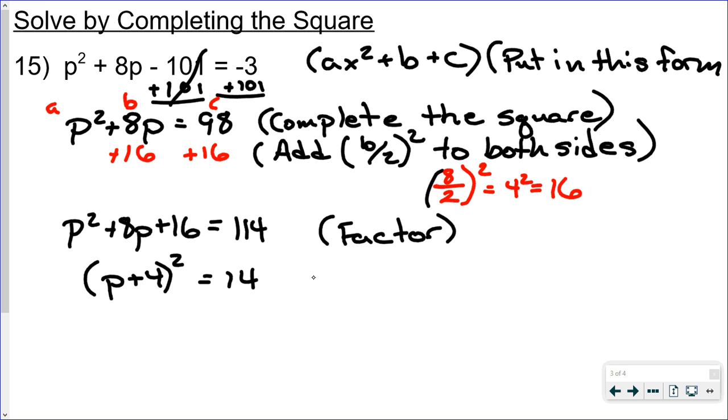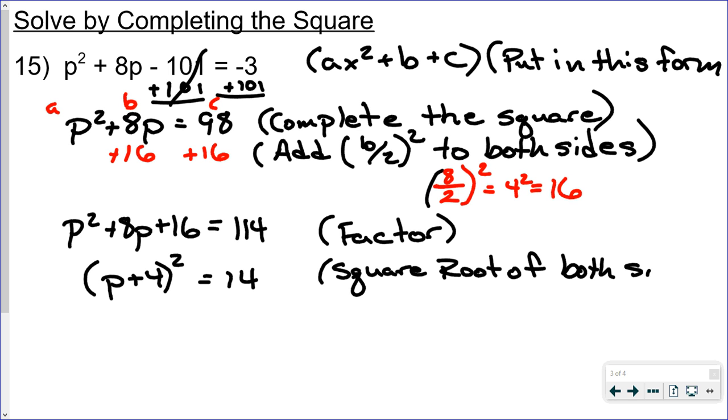And now we're going to take the square root of both sides. So here we go, square root.